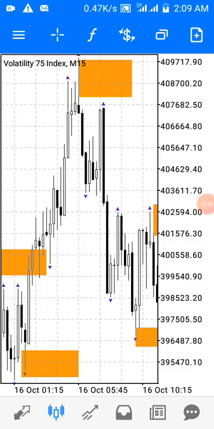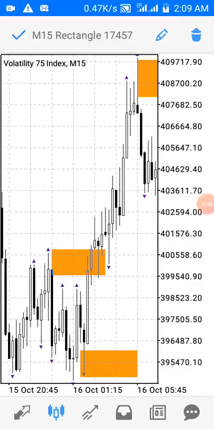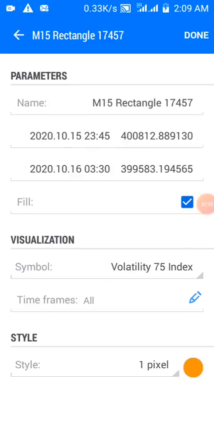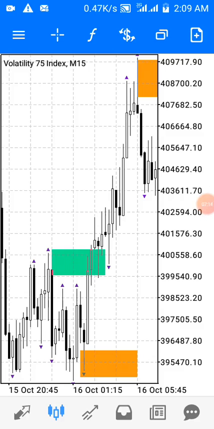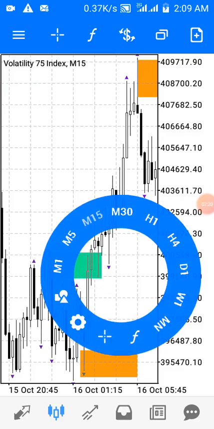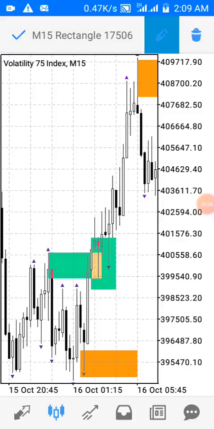So if you are going to use this strategy, like for instance this particular point, let me change the color to green. This green is a resistance area where we have these breakouts. Let me identify the breakouts. Let me change the color of the breakout.